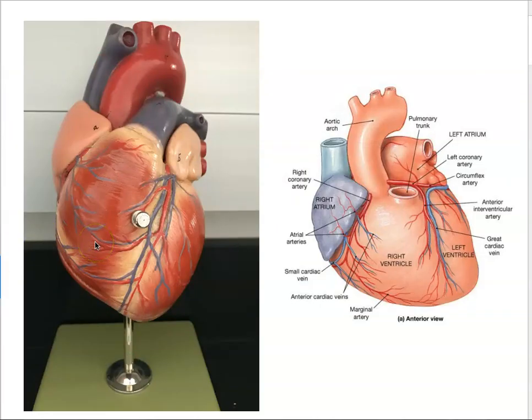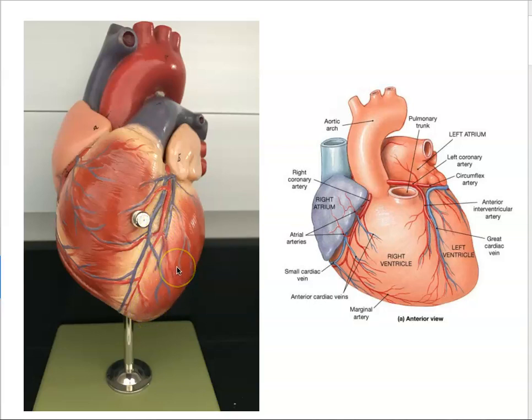And now we have some veins you need to know. In this anterior interventricular sulcus, remember we have the left anterior descending artery, which is a branch of the left coronary artery. Remember, the blood flow in arteries is going in this direction. It's going down to deliver oxygen to the myocardium.